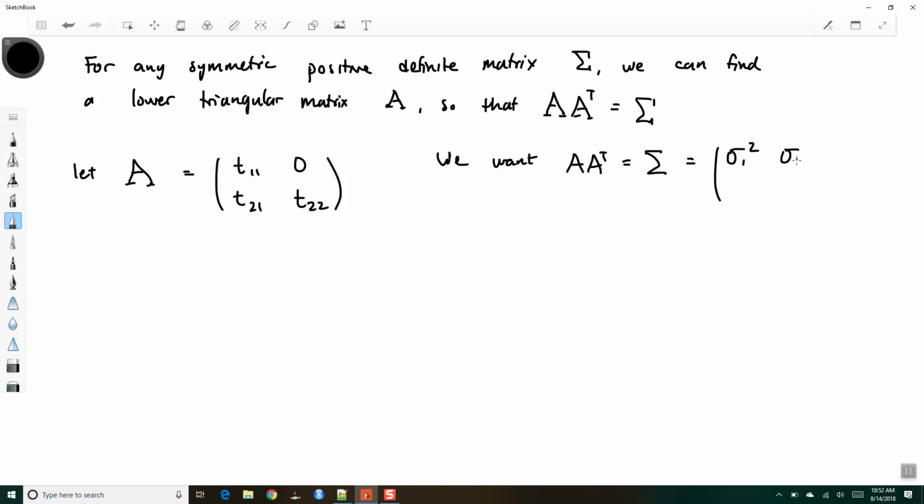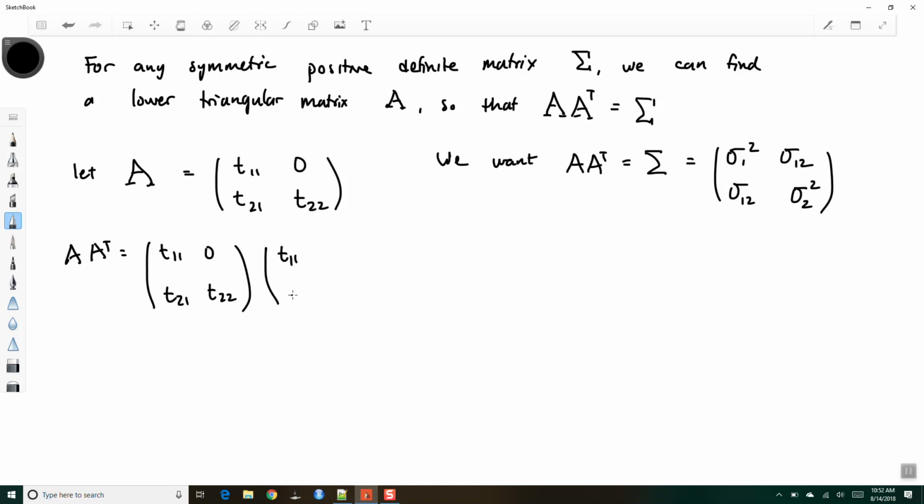Sigma 1 squared, sigma 1,2, sigma 1,2, and sigma 2 squared. This is what we have. Okay, so AA transpose will look like this: T11, 0, T21, T22 multiplied by the transpose.